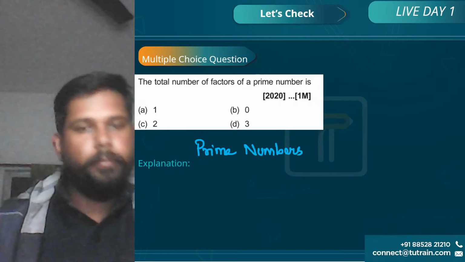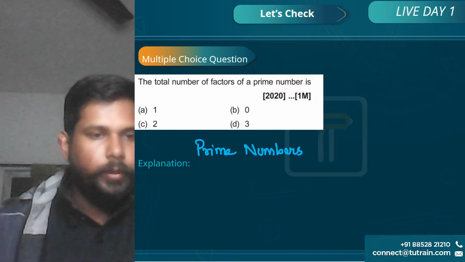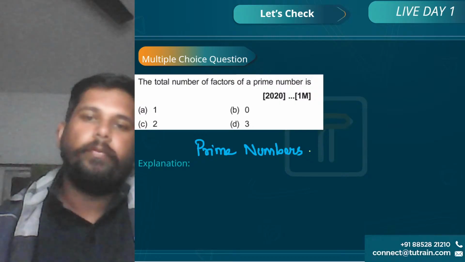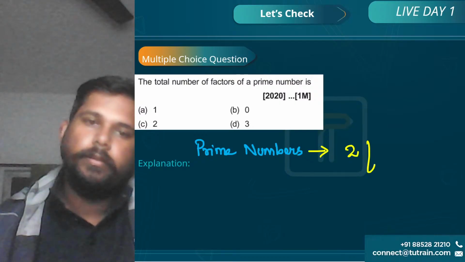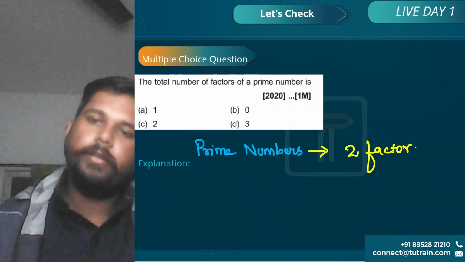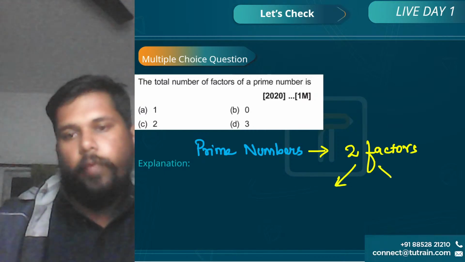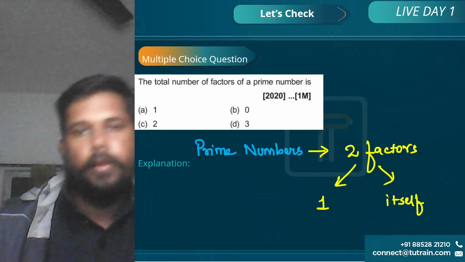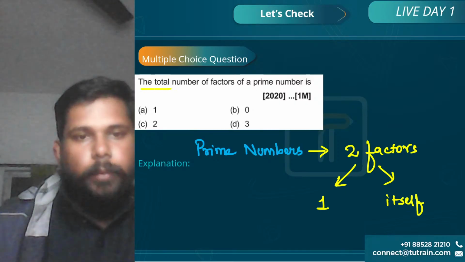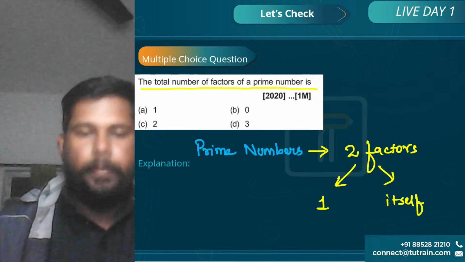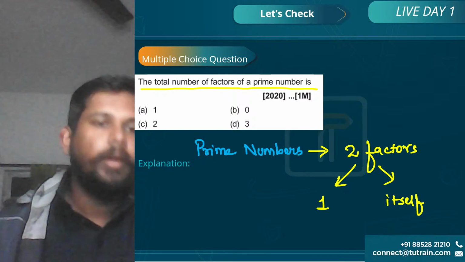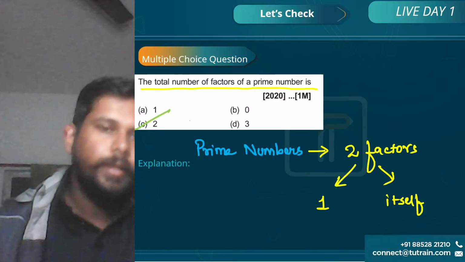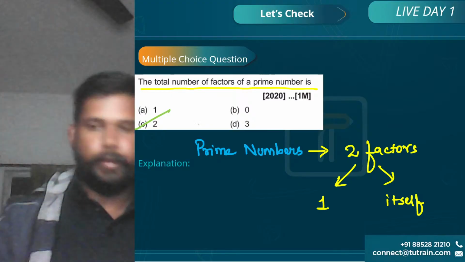Prime numbers are those numbers which have only two factors. What are those two factors? 1 and itself, right? So the total number of factors of a prime number is 2, right? So option C will be the correct answer.